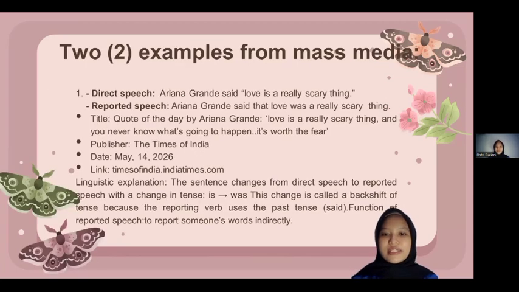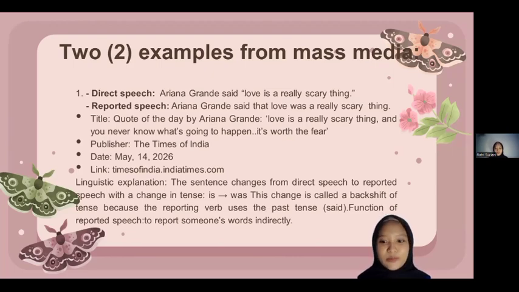Next are two examples from mass media. This is published by the Times of India, dated May 14, 2026. The title is Quote of the Day by Ariana Grande: "Love is a really scary thing and you never know what's going to happen. It's worth the fear." The direct speech is: Ariana Grande said, "Love is a really scary thing."